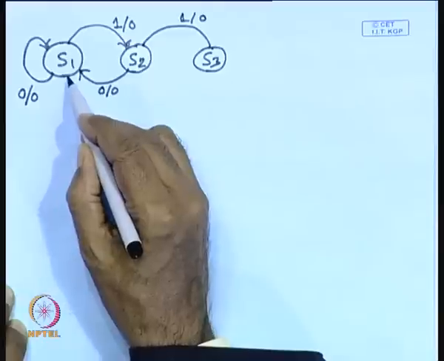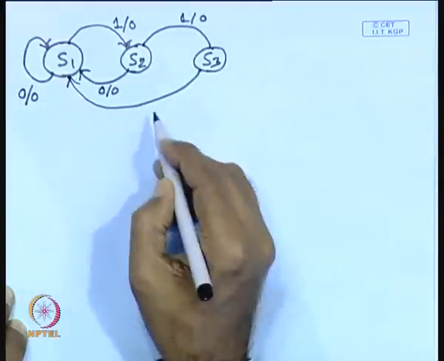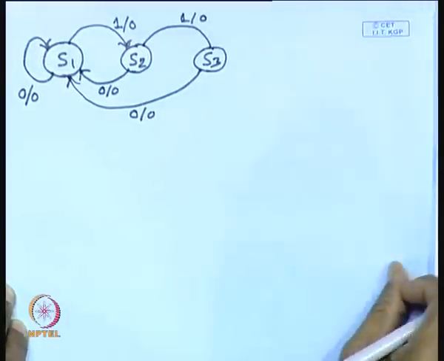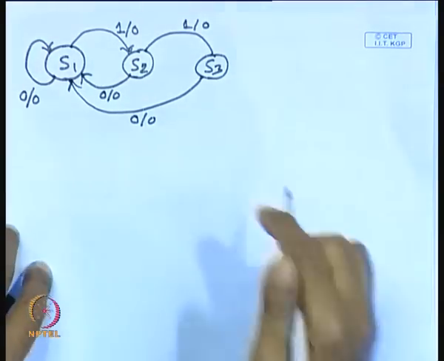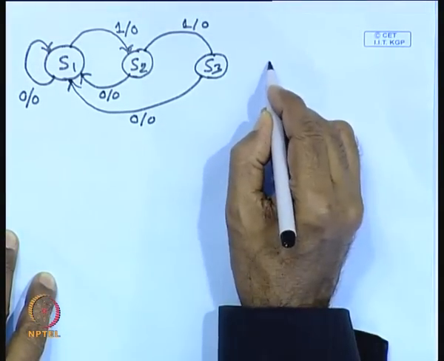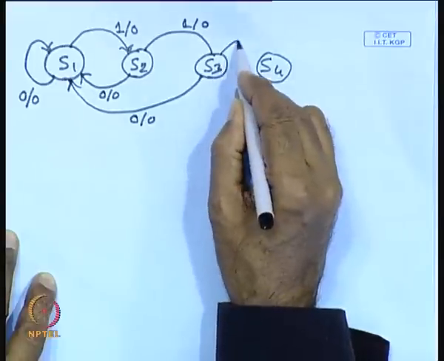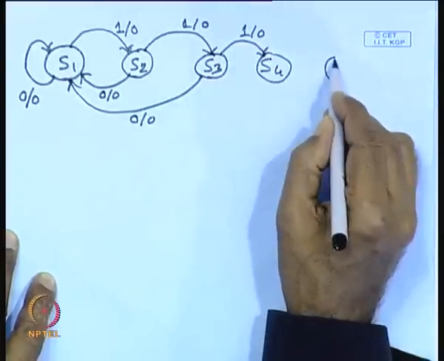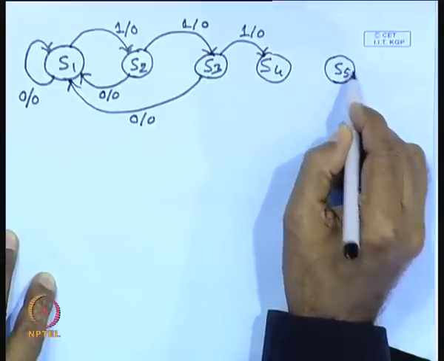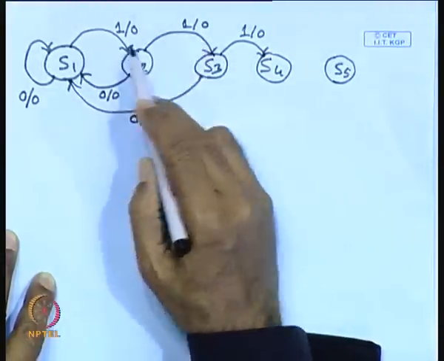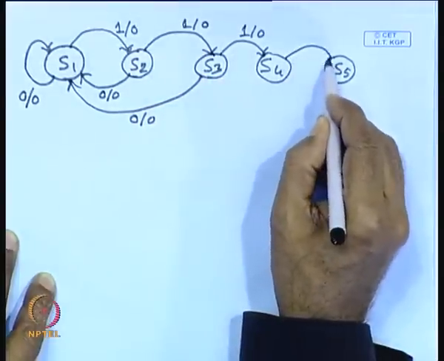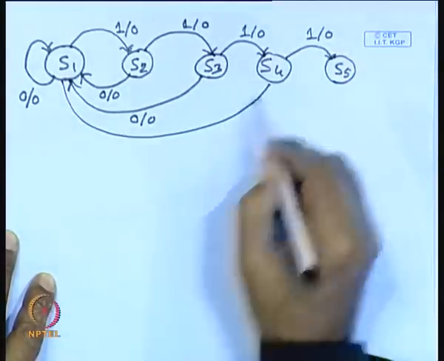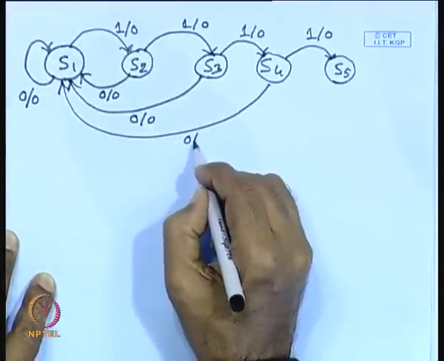Similarly, from state S3 it will again go to state S1 if a 0 occurs, so 0 by 0, that means the output is 0 for input 0. It will go to state S4 if another 1 comes, and then it will go to state S5. You will require 5 states for the occurrence of 5 ones. If a 0 comes again, it will go back to S1 with 0 by 0.